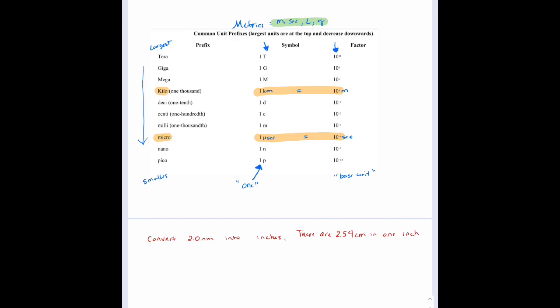Let's do a gigaliter related to a liter. We would say 1 gigaliter is related to 10 to the 9th liters. So do you see how the 10 to the somethings are going with the base units, and the things with prefixes are all getting ones? That's how you read these charts.